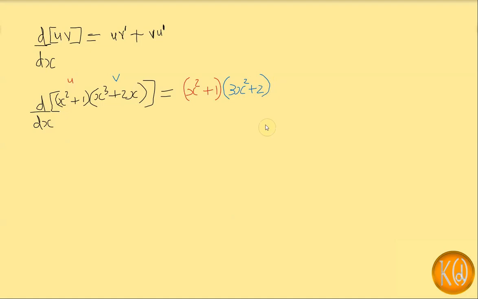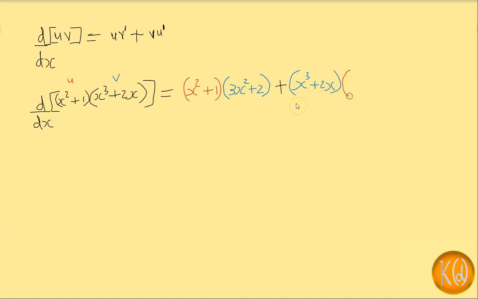And we have our plus sign, and now it's the second times the derivative of the first. Now the second is v, so we have x cubed plus 2x, in brackets, and now we multiply by the derivative of the first.